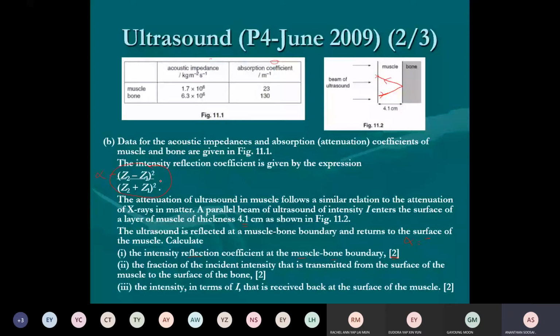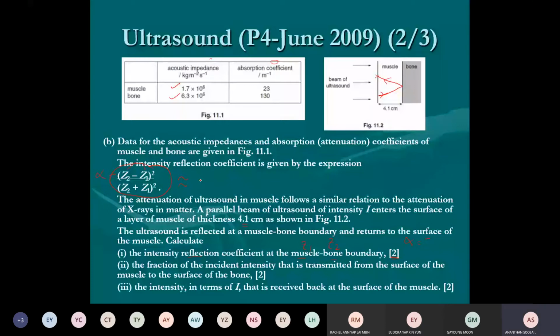But now what is Z2? What is Z1? Muscle and bone. So the first medium is muscle, so muscle should be Z1. The bone is Z2. So go to the table here. What is the acoustic impedance of muscle and bone? Both are given. So you put in the values here. I think you should get close to 0 or close to 1.